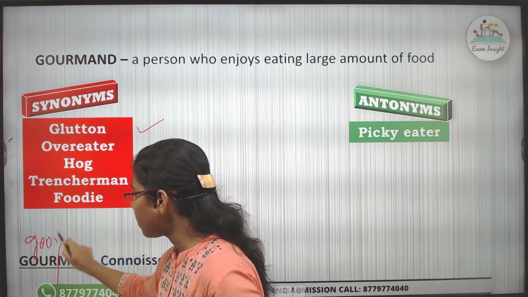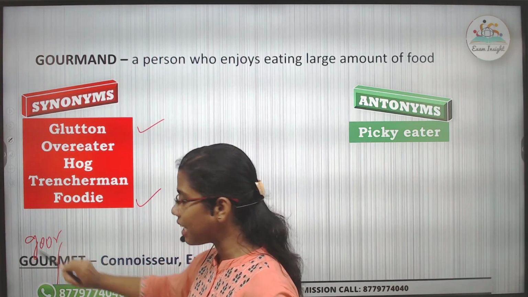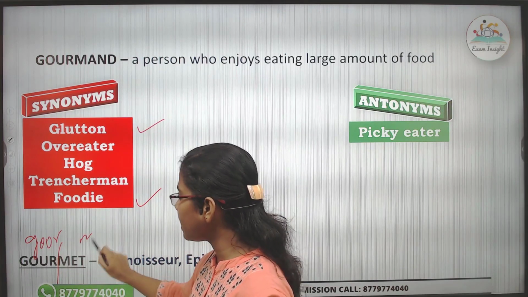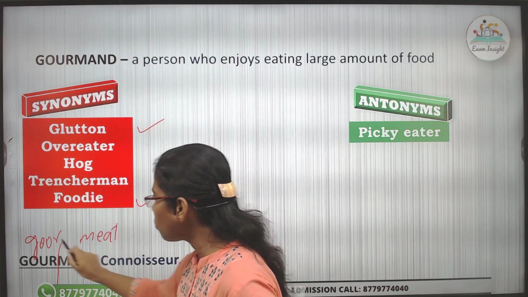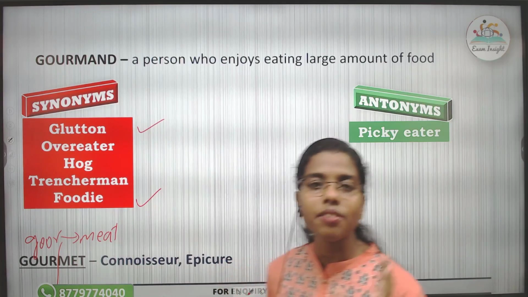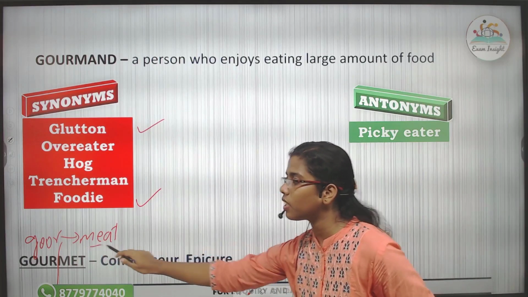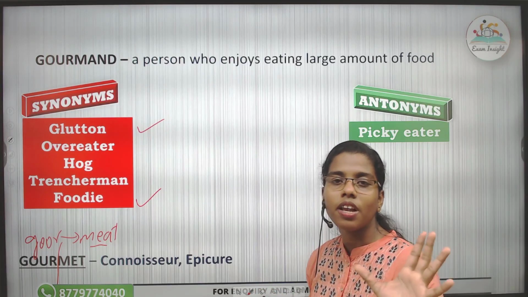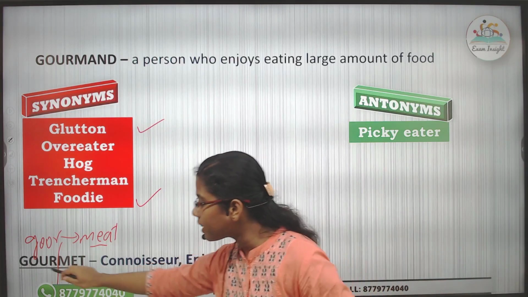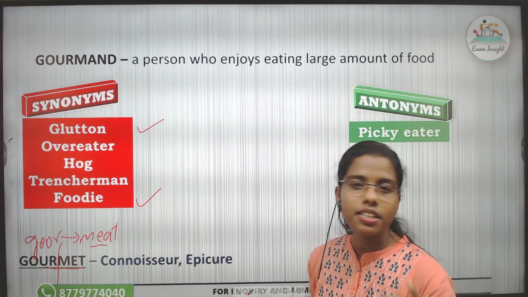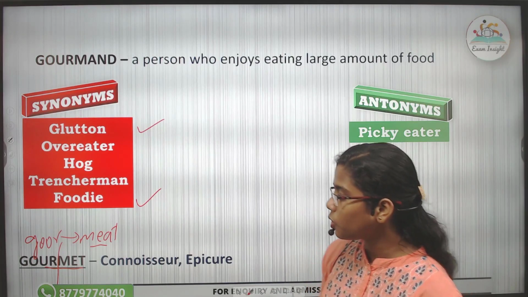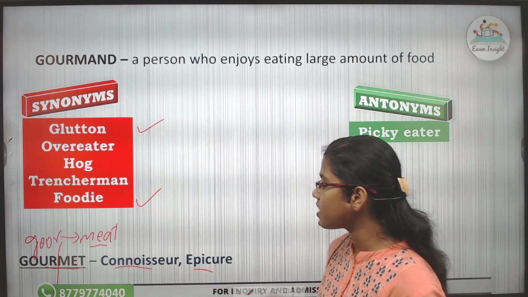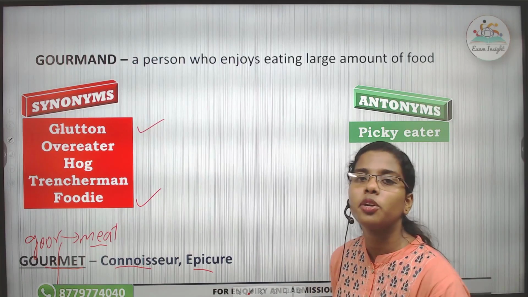To remember, गौर को घूर लिख दिया और मेट को मीट लिख दिया. घूर के मीट को देखने वाला, मीट के इधर कोई भी खाना भी हो सकता है. घूर के मीट को देखने वाले को गौरमेट बोलते हैं. Right? Now you can differentiate between the two, and the synonyms for that are connoisseur and epicure.